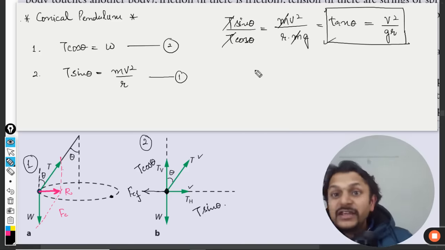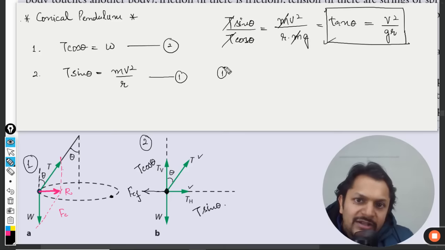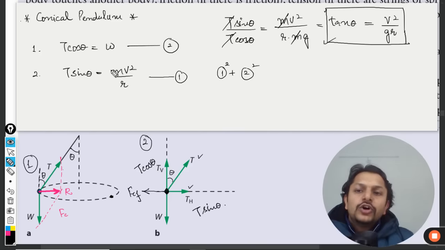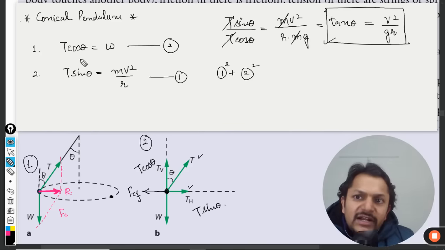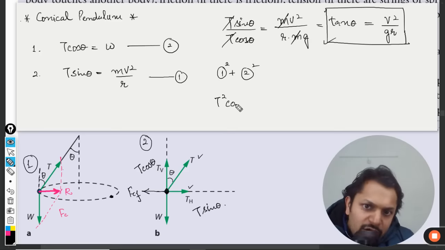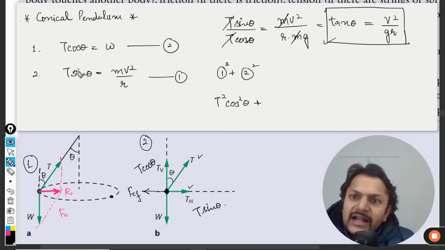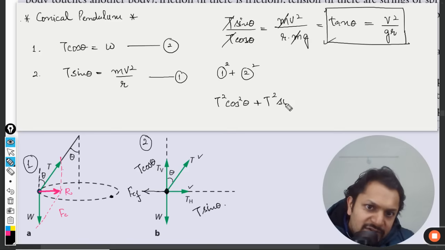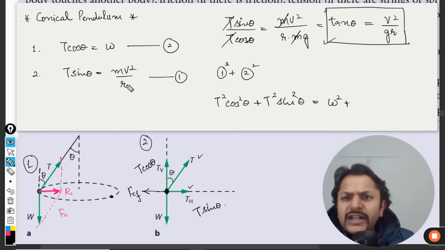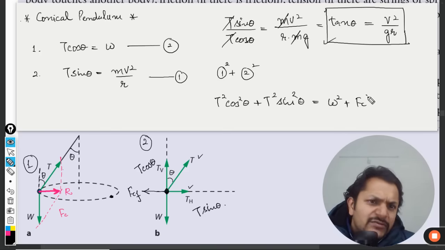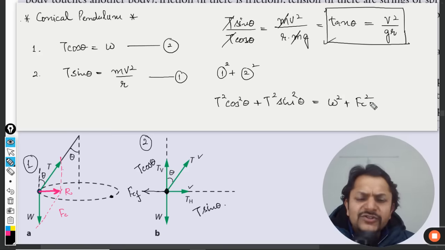And the other thing is that we are now going to square these two equations, and then add these two. So on both sides, this will be T square cos square theta, and this will become T square sine square theta. This will become W square, and on this side you can call it Fc just for the sake of writing, so it will be Fc square.